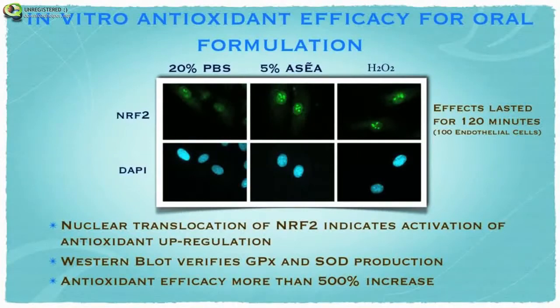But way beyond that was the next finding, and that was that there was no normal provocation of this normal inflammatory transcription factor, NF-kappa B, despite invoking the transcription factor NRF2, which increased antioxidant production.